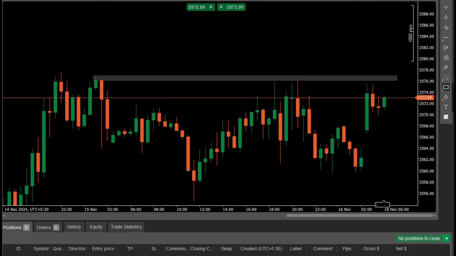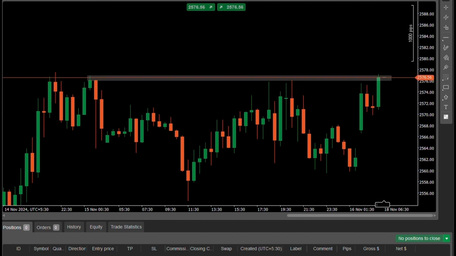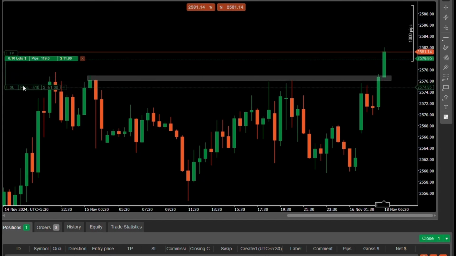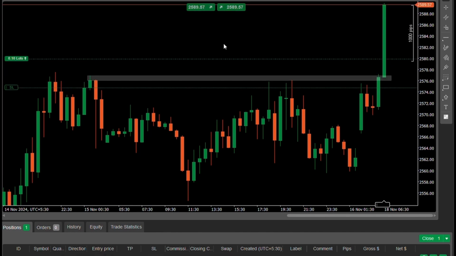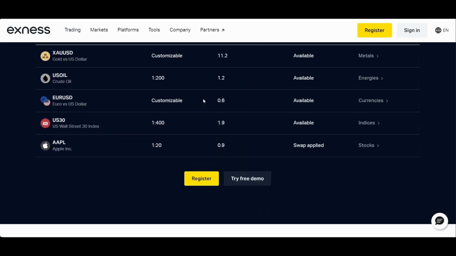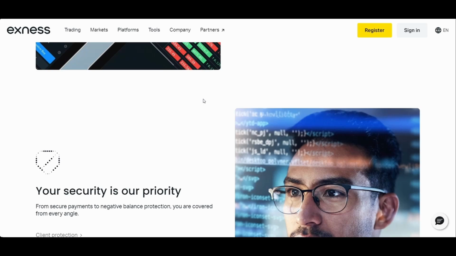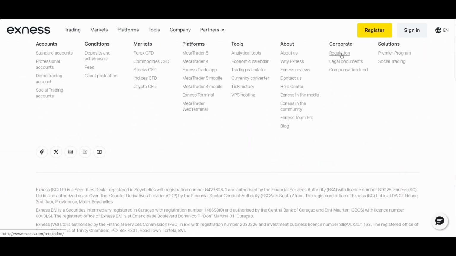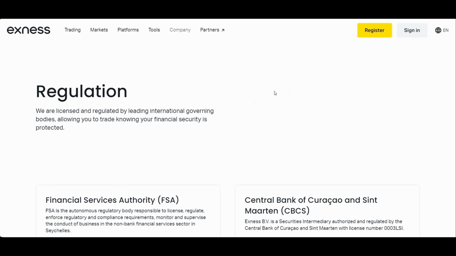Apart from these, you can ask me, okay bro, then how to identify that a particular broker is good? Here is the process. There are several things you can do to verify if a broker is regulated and by which regulatory body. When you open a broker's website, you can scroll down to the bottom of the page to see the entity's legal name. This is where it states who the regulator is.